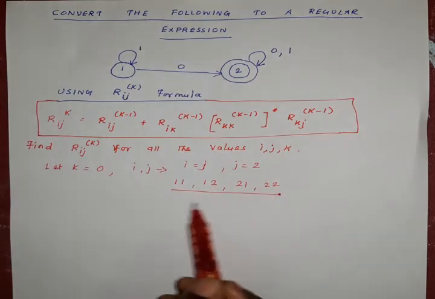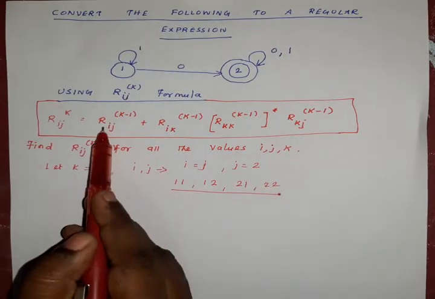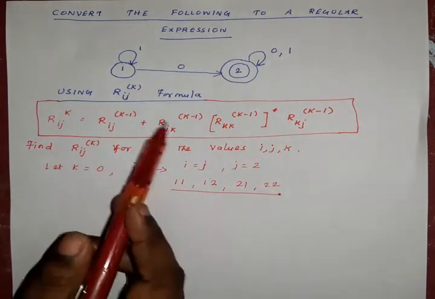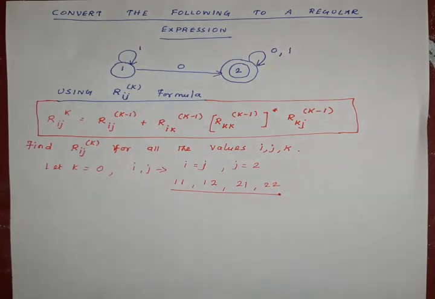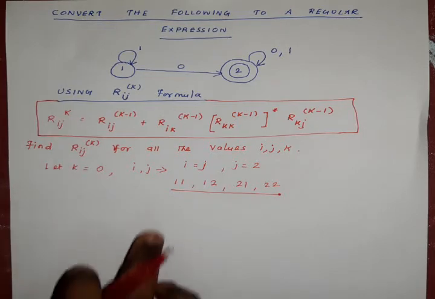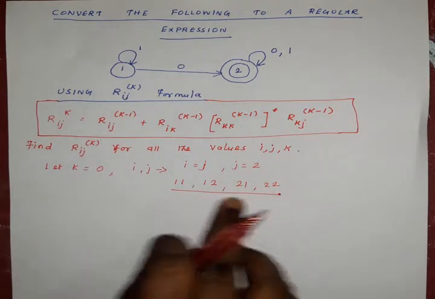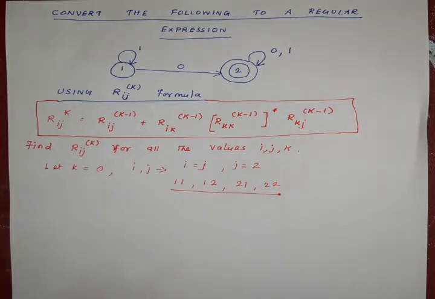We apply the regular expression formula to these 4 possible combinations, with k initially 0. Next, we set the k value to 1. We increase the k value and again find the regular expression for the same 4 combinations. Then k is increased to 2, but the 4 combinations remain the same. With this we can easily find the regular expression of the given finite automata.